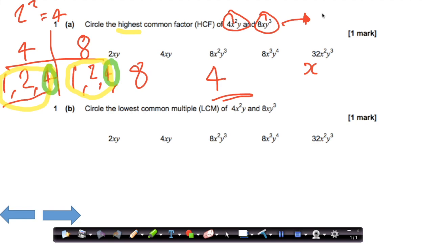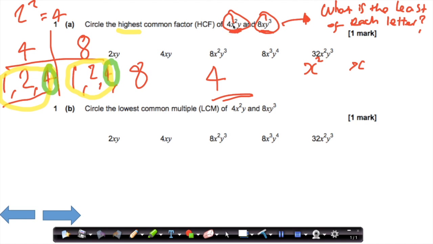Well, x squared and x are the x parts of our two terms, and we need to think about what is the least of each letter.